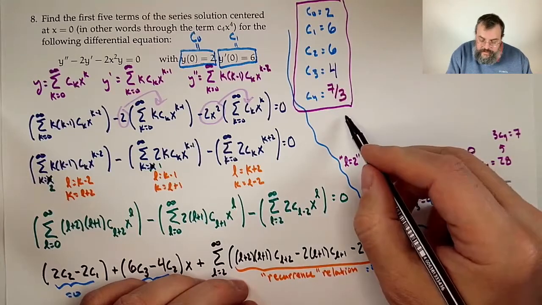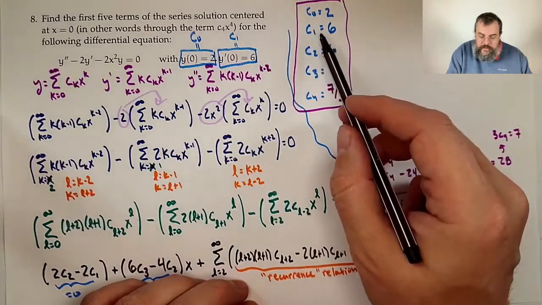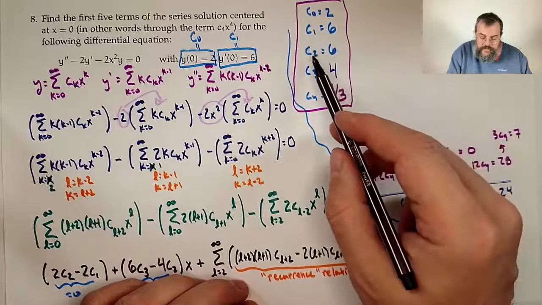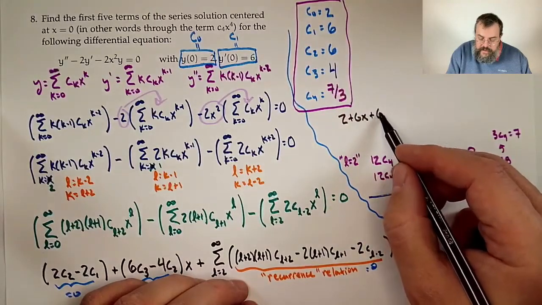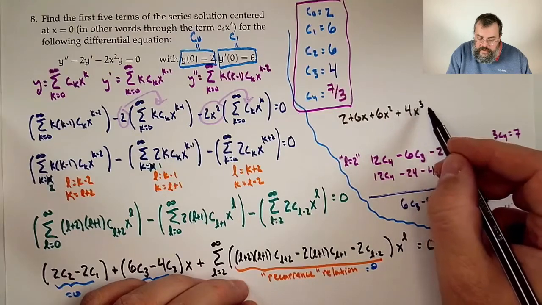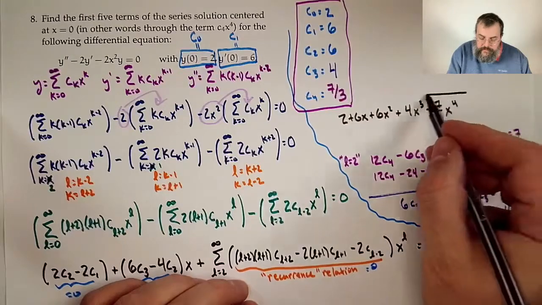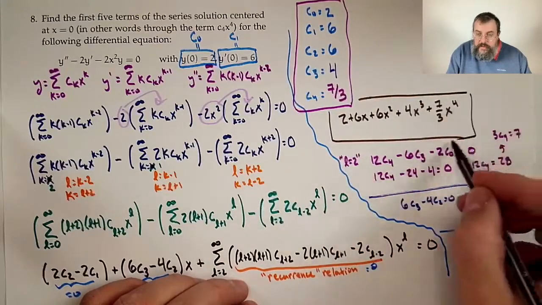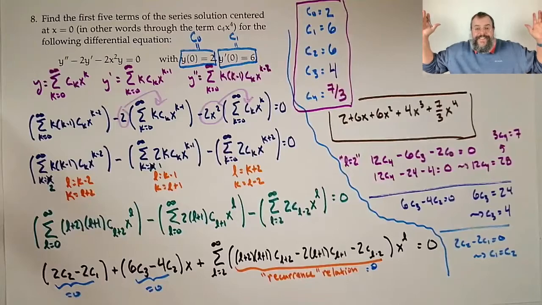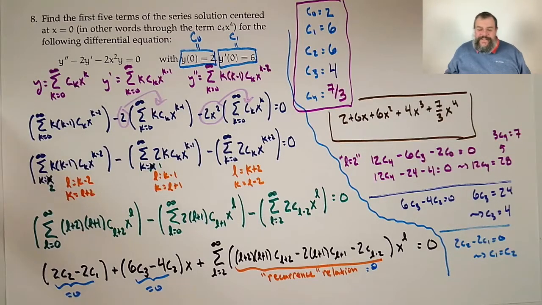So I'd say, okay, so it's 2 plus 6x, because the coefficient of C1, that's the coefficient of x, coefficient of C2 is the coefficient of x squared, coefficient of x cubed, and the coefficient of x to the 4th. And ta-da! We're done.